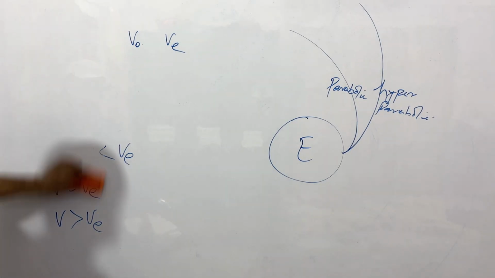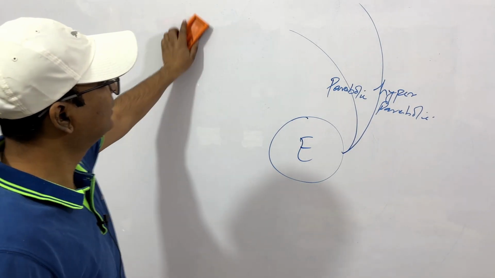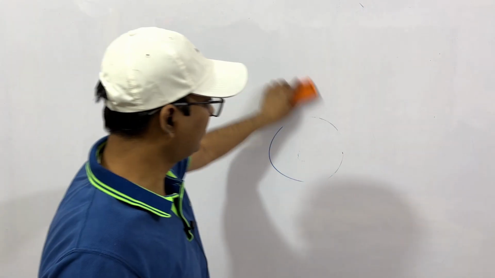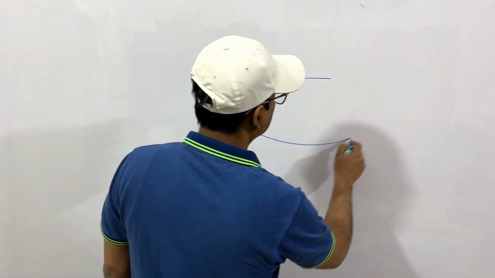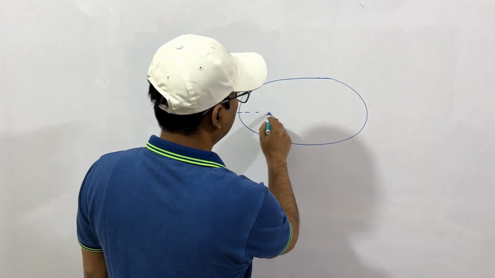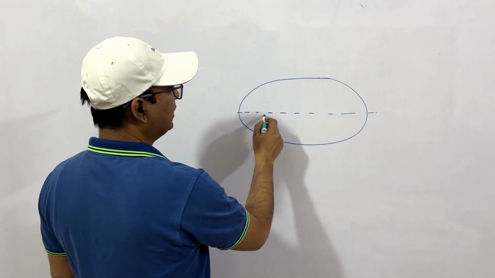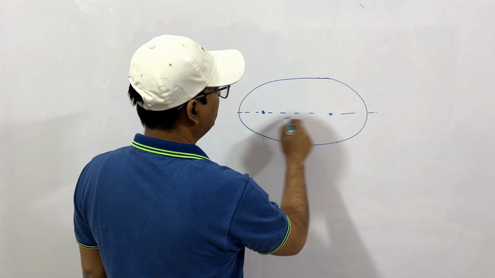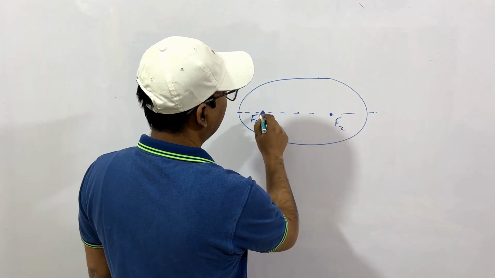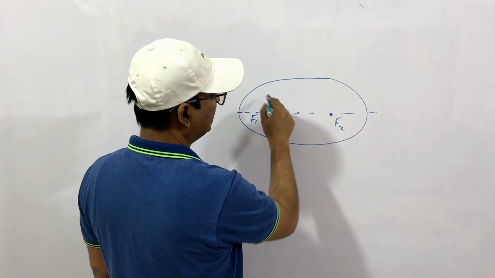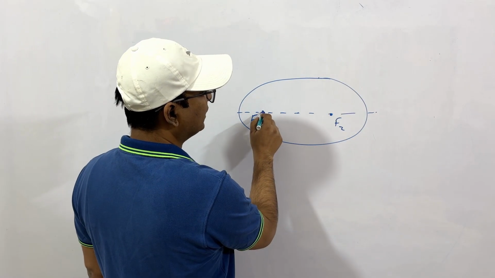Now, when we are talking of elliptical paths, we should have a proper expression for velocity when it is moving in an elliptical path. I'm not going to teach you the ellipse itself. In an ellipse, you have foci F1 and F2, where the Earth is situated at one focus.